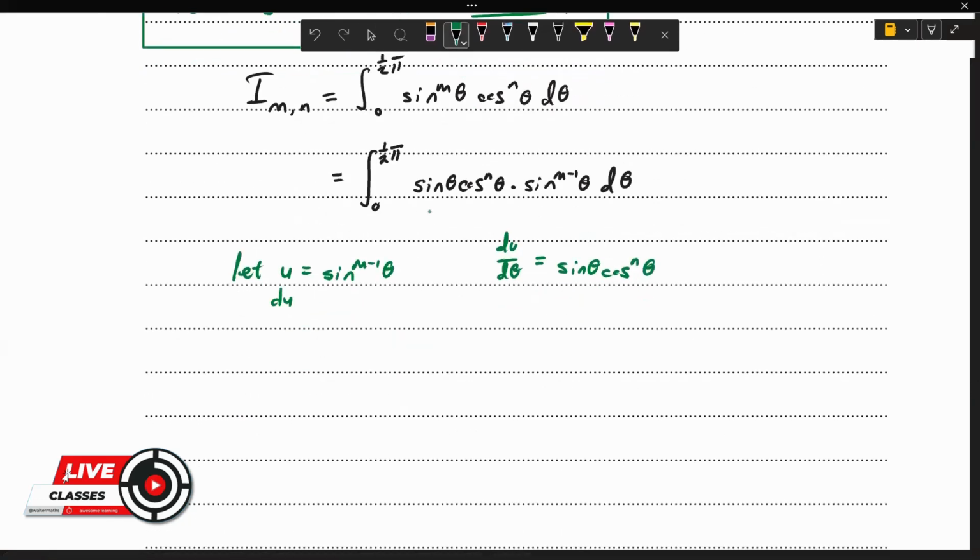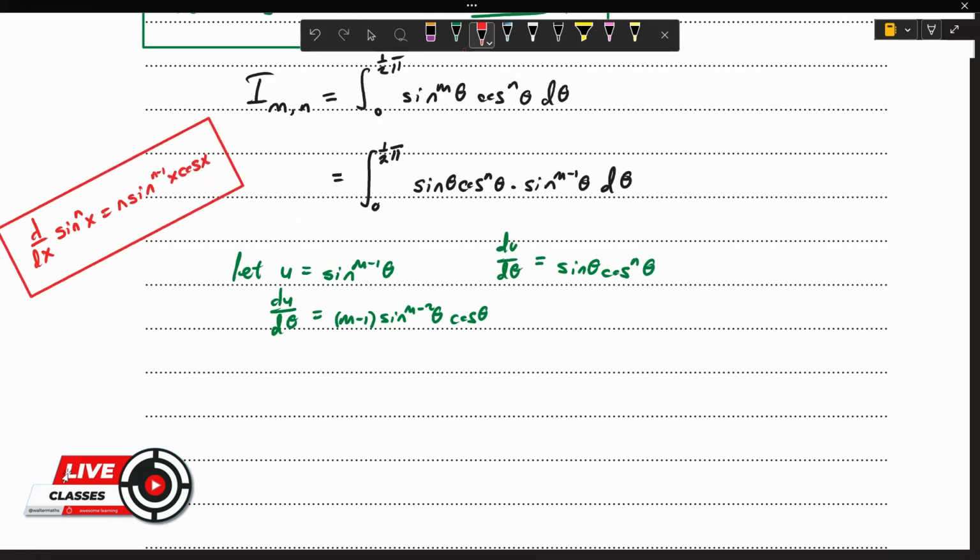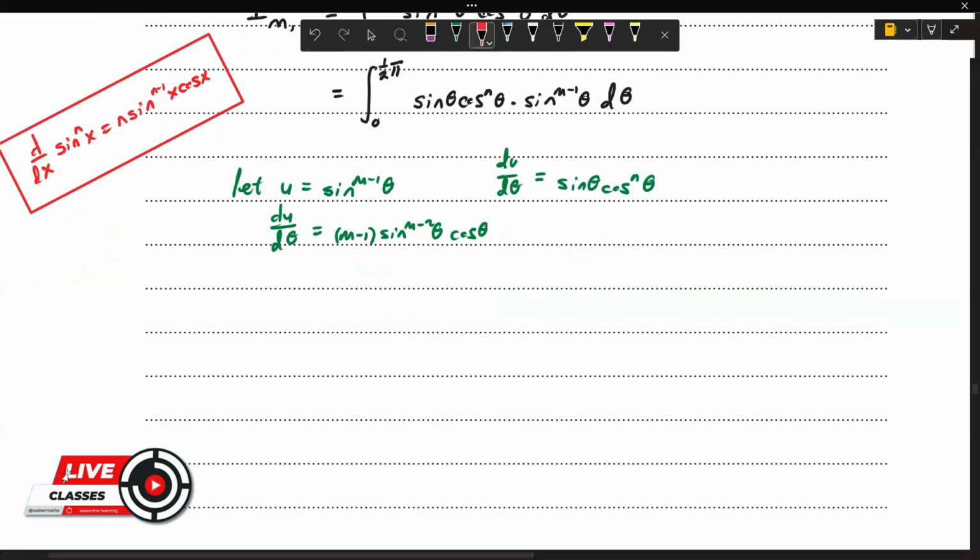So here we can say du by d theta is equal to, and differentiating this gives us m minus 1 of sine to the m minus 2 of theta cos theta. So I'm using the fact that if you differentiate with respect to x a power of sine, you get n sine to the n minus 1 of x cos x. All right, so this is the special result I'm actually using here.